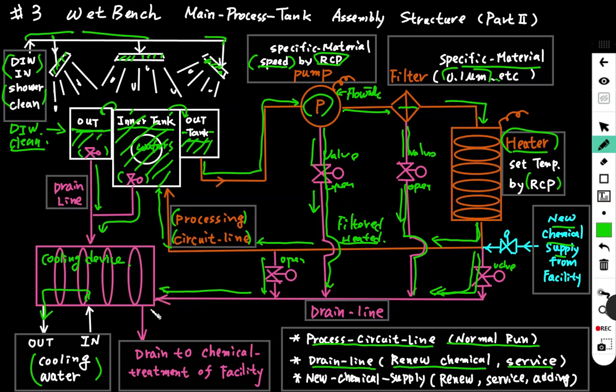After the solution is cooled to a set temperature point, for example, down to 30 degrees centigrade, you will open the valve to drain the low temperature chemical to the chemical treatment of the facility.